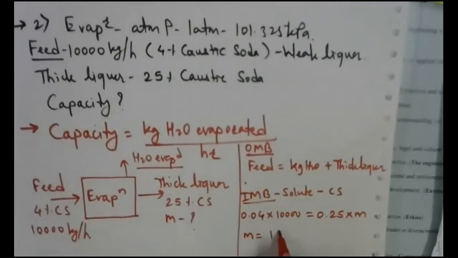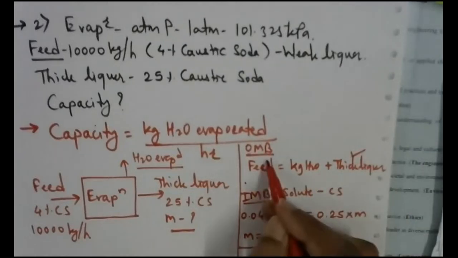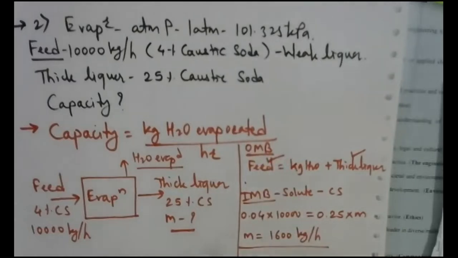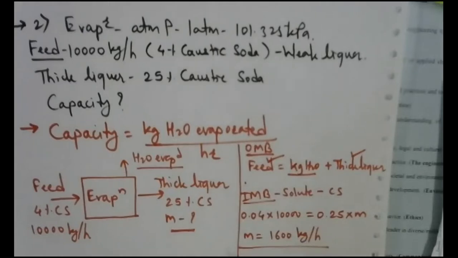That comes to 1600 kg per hour, right? So if you know this value, then as we know the mass flow rate of this thick liquor and the mass flow rate of this feed, we can calculate the kg of water evaporated, right?